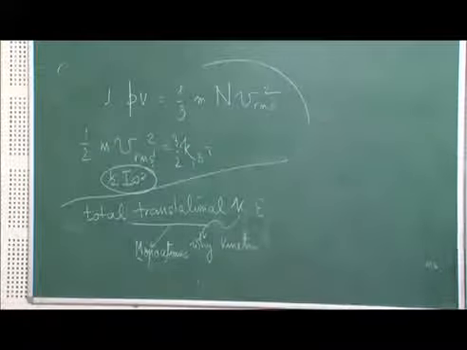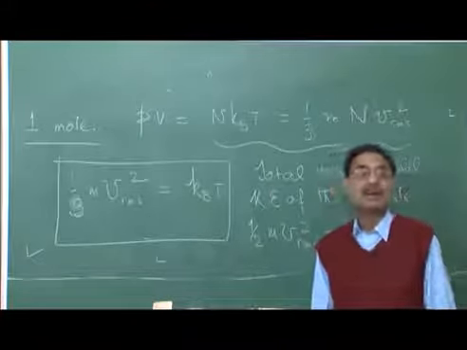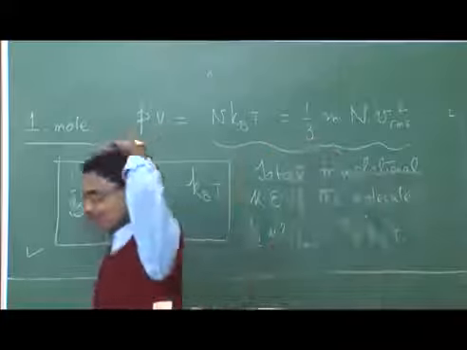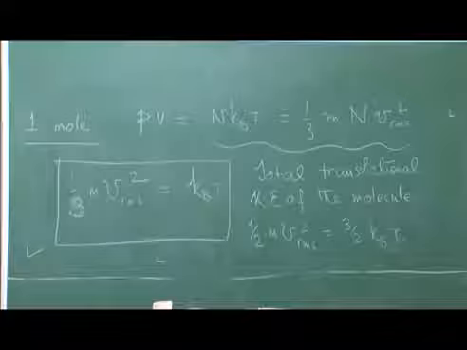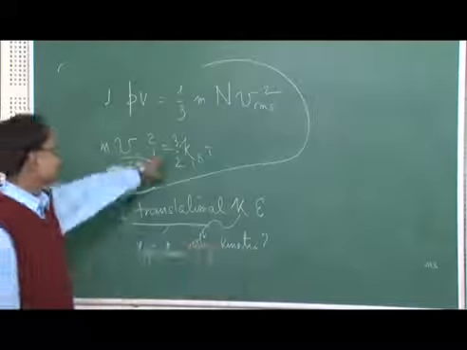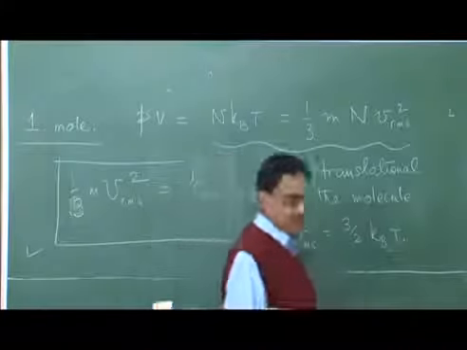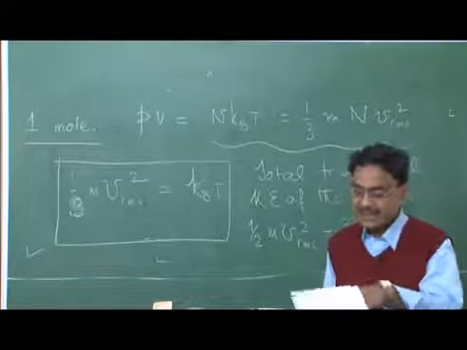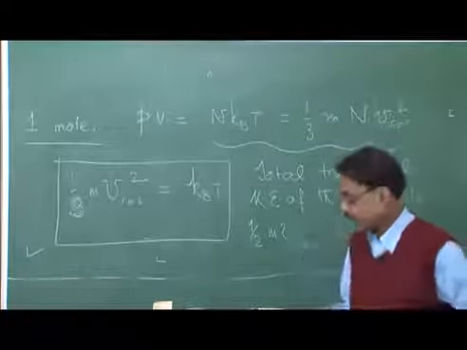You can ask why it is so sacrosanct that you have 3 there, because I am talking about a 3-dimensional container. If you had, for example, a 6-dimensional container, this number 3 should be changed to 6. So why is this 3? Because I have a 3-dimensional container.